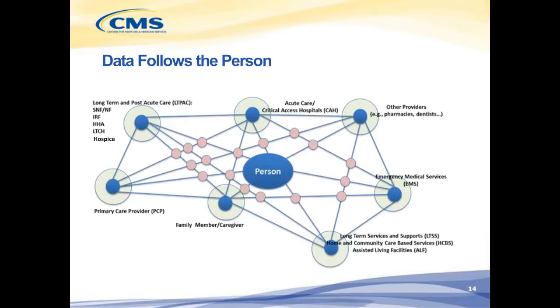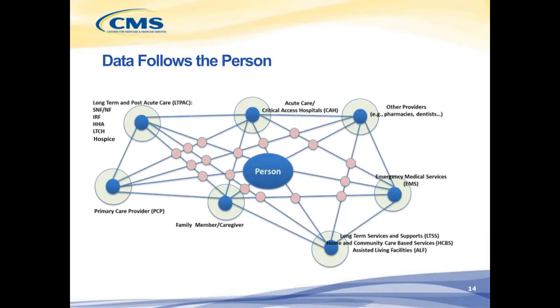So this graphic demonstrates how complex the healthcare system can be. It's important for data to follow the person from one setting to another at the time that it's needed if providers are to deliver high-quality, safe, and efficient care. Ideally, data will follow the person as they navigate the healthcare system, whether that's an acute care hospital, a post-acute care facility, or whether the person is at home receiving long-term services and support.